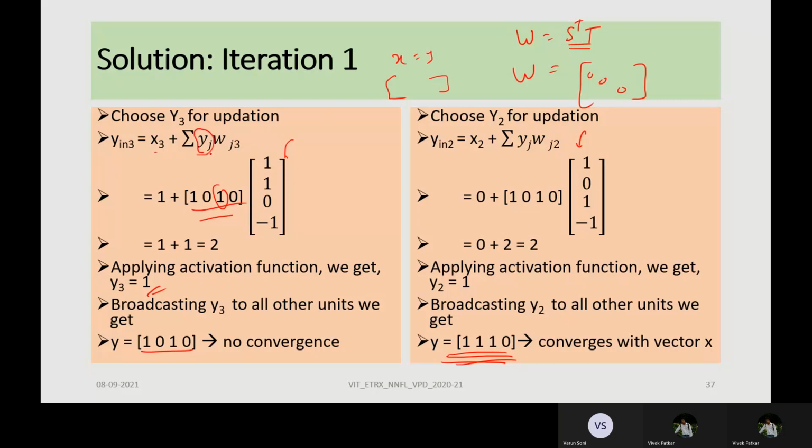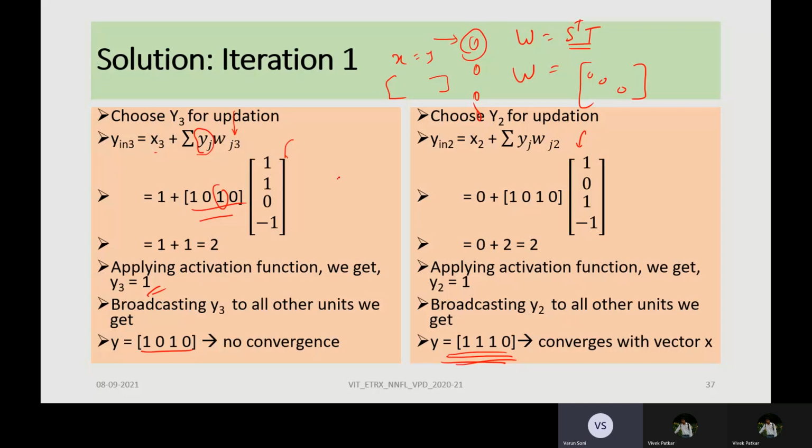Then select any unit for updating, the vector yj for the first time is the same as the input vector, take the corresponding column of the weight matrix and go on updating this y.